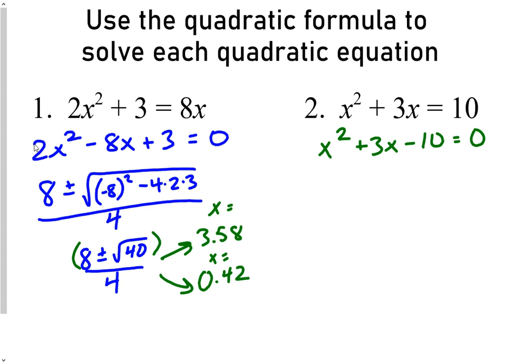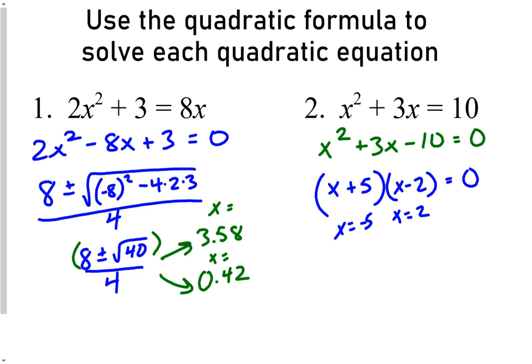Yes, it definitely looks like it. And so in this particular case, we have x plus 5 times x minus 2 equals 0. And if I were to do that, I have x equals negative 5 and x equals 2.